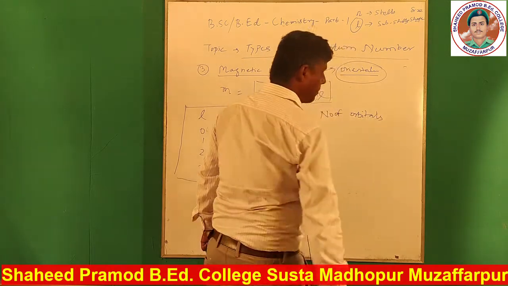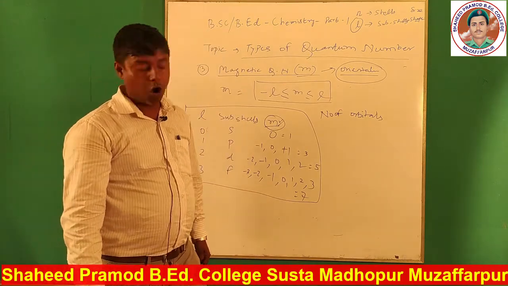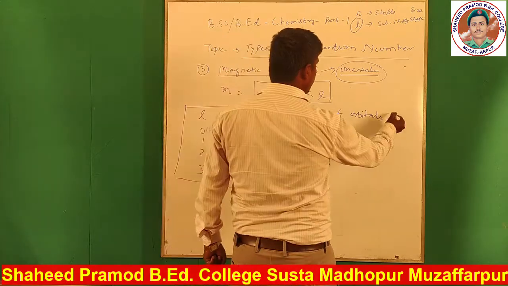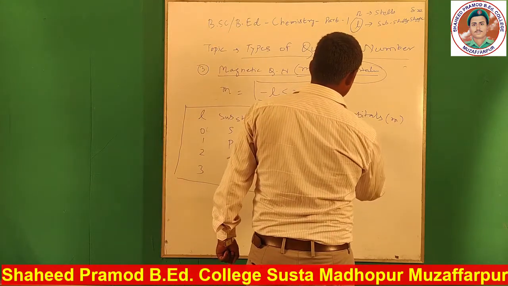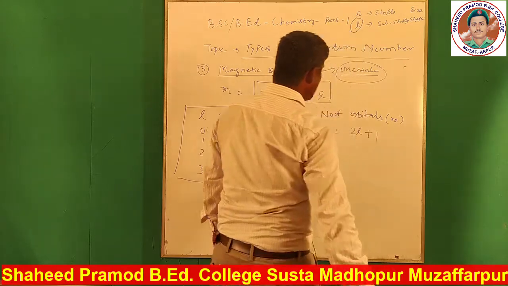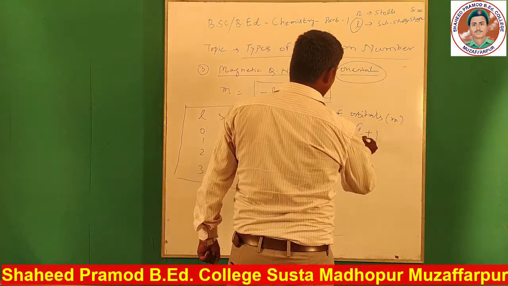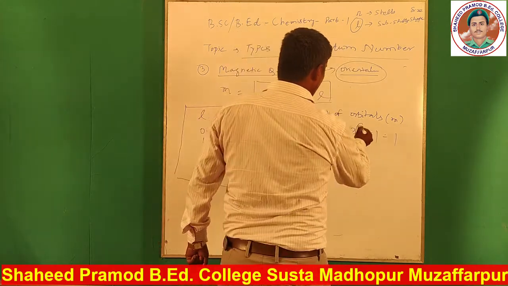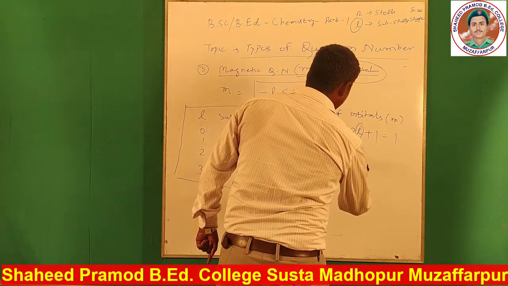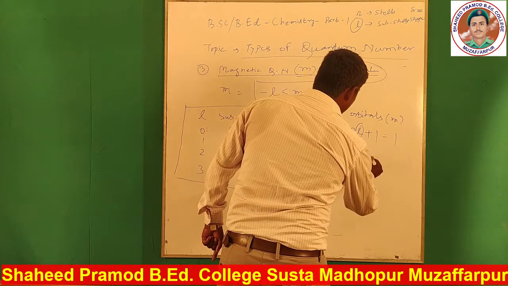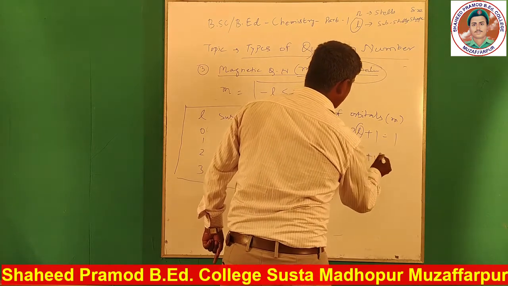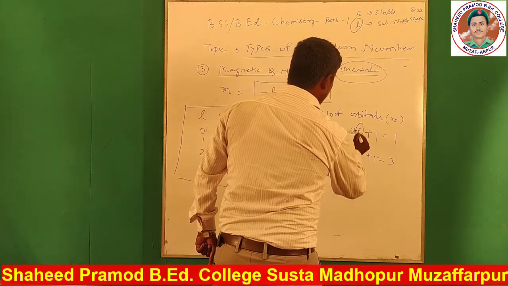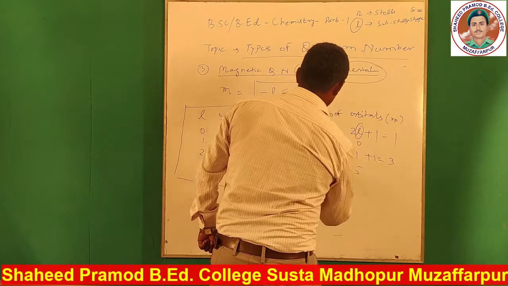So the number of orbitals, or the number of magnetic quantum number values, M, is equal to 2L plus 1. If you put L as 0, you get 1. If you put L equal to 1, 2 into 1 plus 1 is equal to 3. If you put L equal to 2, 2 into 2, 4 plus 1, is 5.